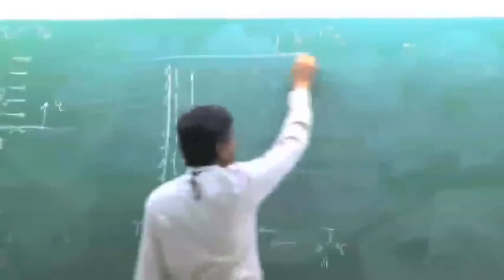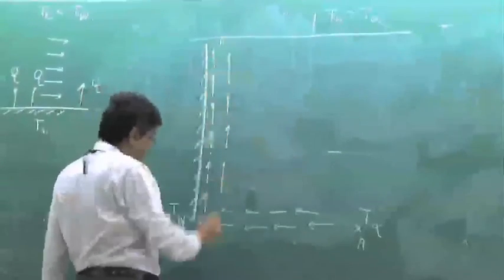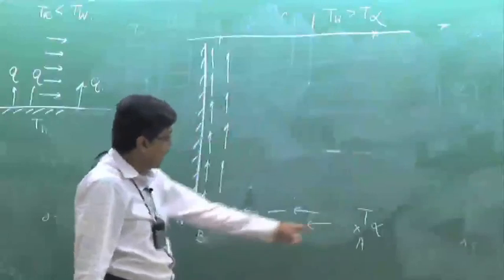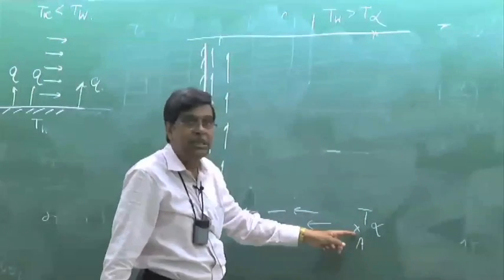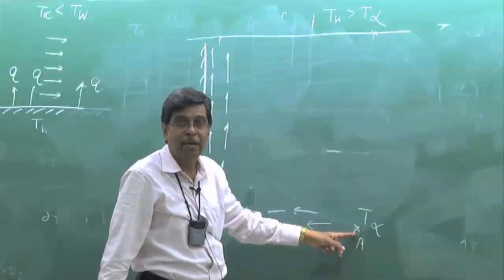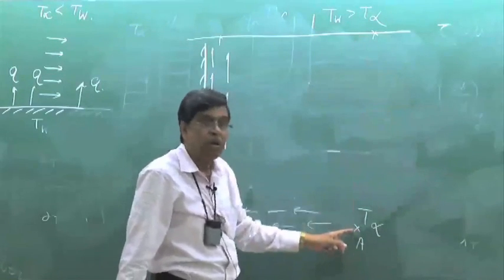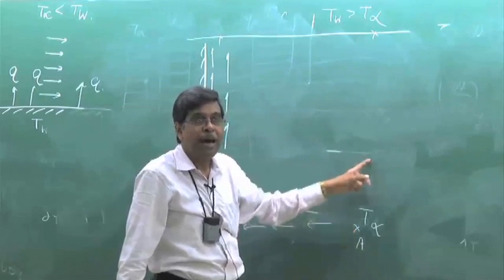That means any arbitrary reference horizontal plane above this, if we take 2 points vertically above B and vertically above A, the pressure here is the pressure at this point plus the rho gh, the hydrostatic head, with respect to this cold column of fluid, which is at higher density.